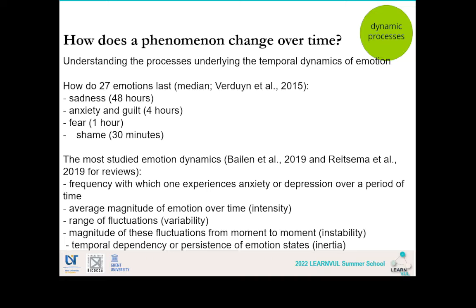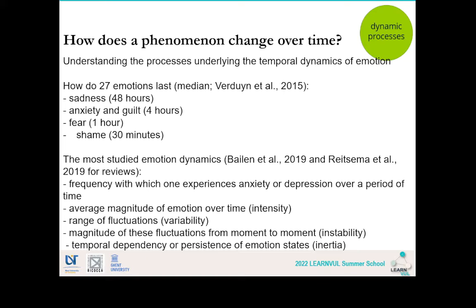What kind of dynamic processes can you study in terms of emotion? When we talk about anxiety and neuroticism, I think it's relevant. You have the frequency with which one experiences anxiety, for example, how many times I'm feeling anxious in the period of time that I'm assessing.